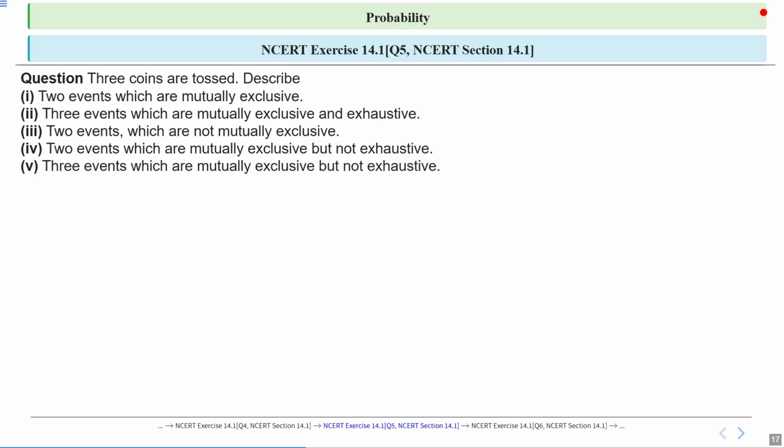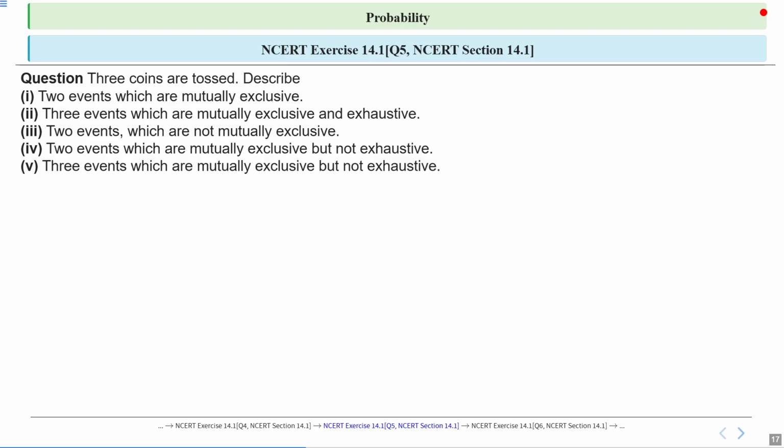And fifth, three events which are mutually exclusive but not exhaustive. So students, find these events.